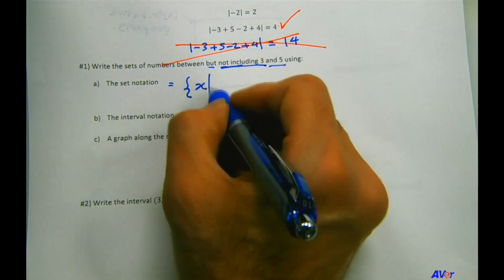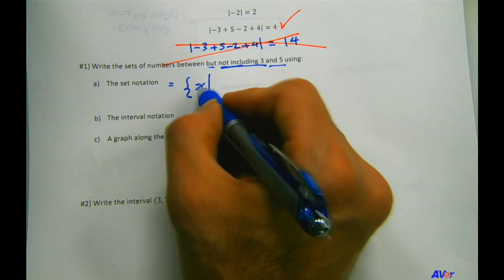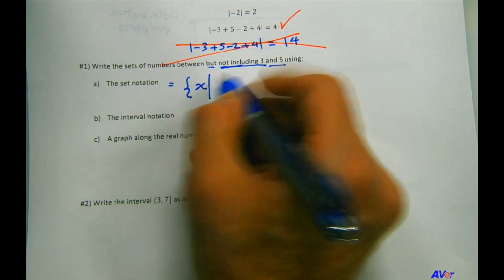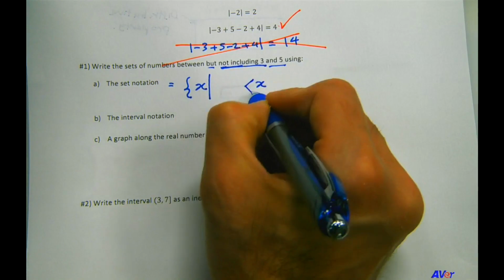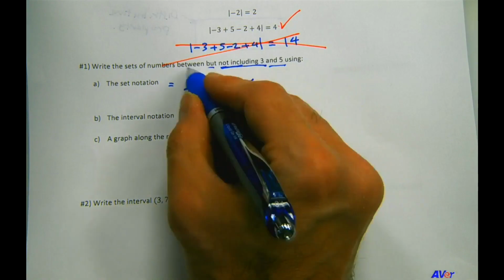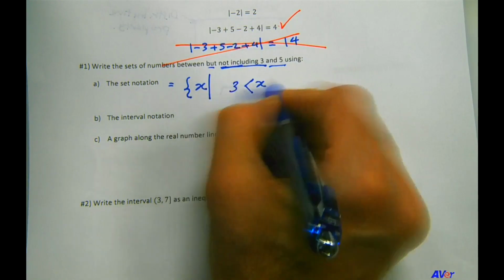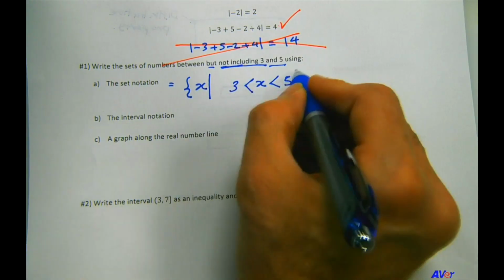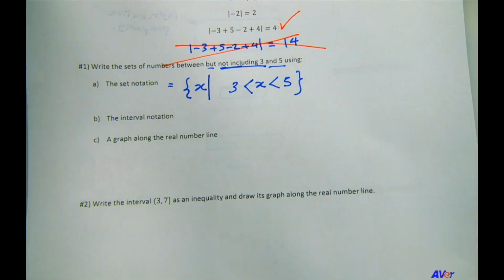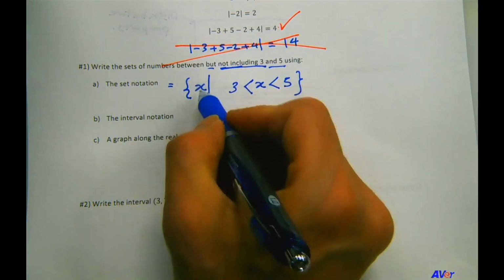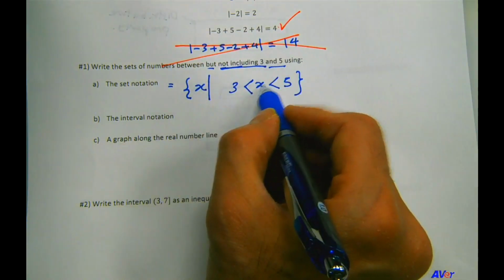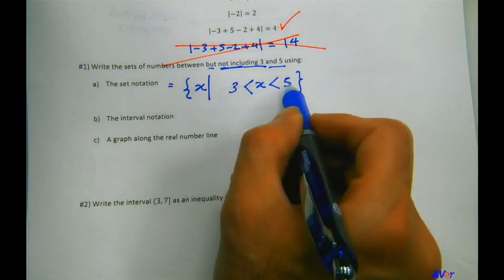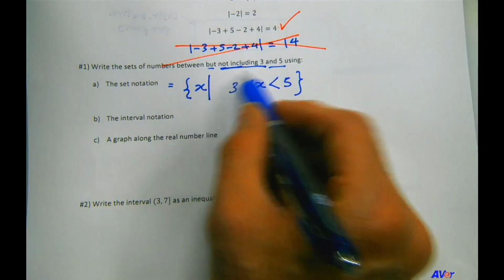A vertical bar means such that. So x such that x is between but not including 3 and 5. And of course I have to close the curly brace there. So x such that x is some number between 3 and 5, not including 3 and 5.